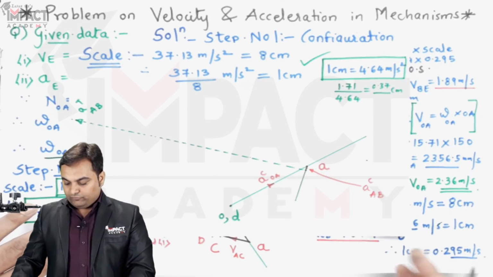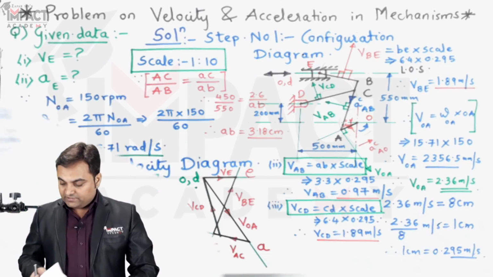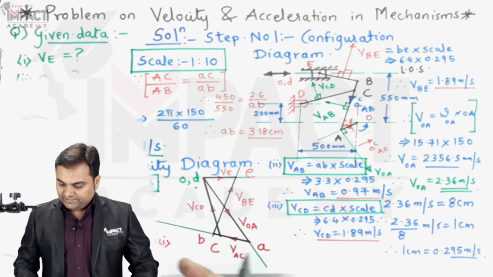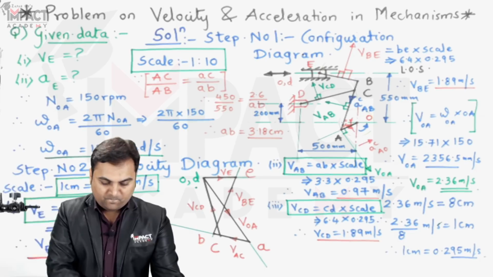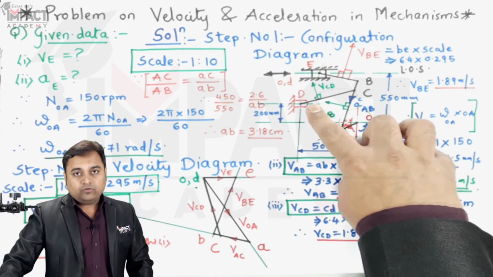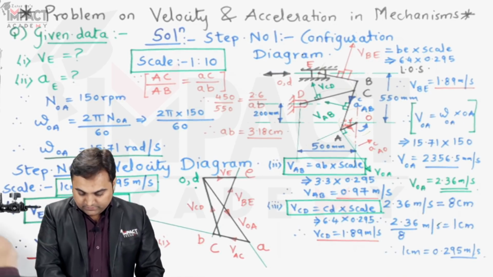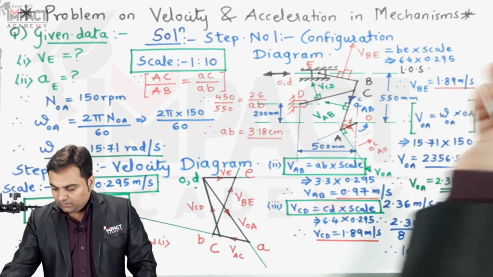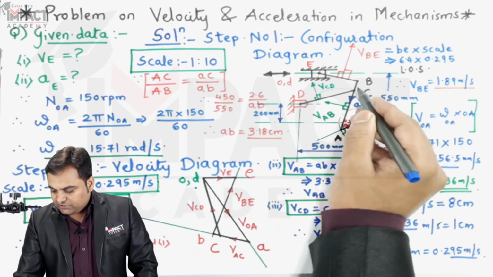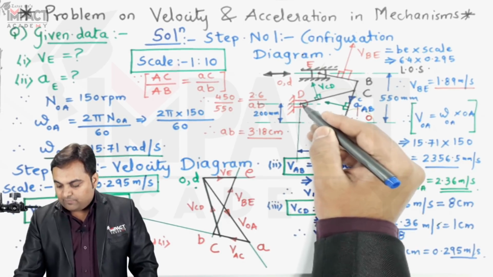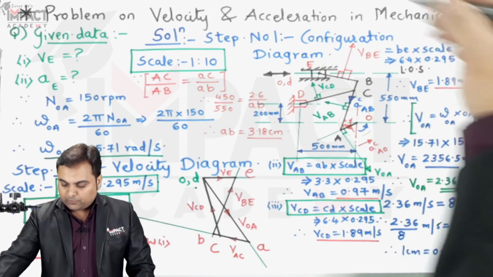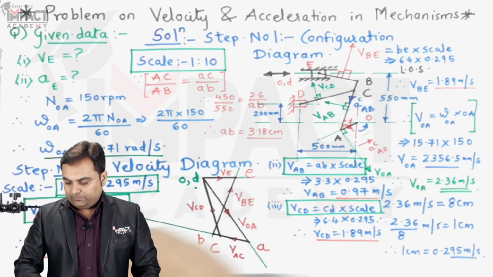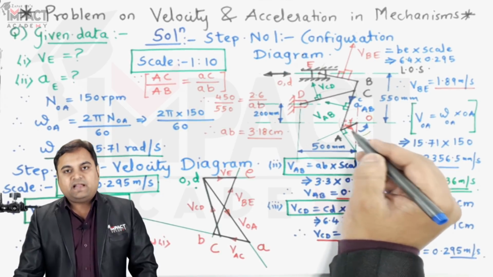For that we can go for the other link, which is link CD, as we can see here. Now this link CD is oscillating about point D, but in the problem they have not given the rotation for it. They have given the rotation of the crank OA.